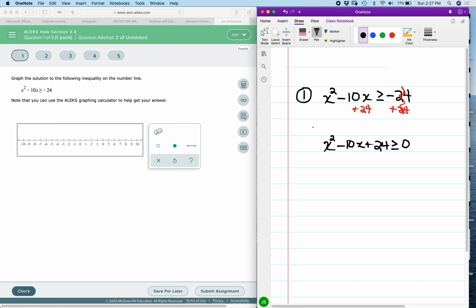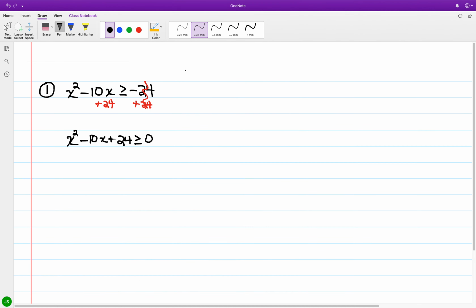Upon factoring, we have the quantity of x minus 6 times x minus 4 is greater than or equal to 0. To determine the zeros, we set the expression equal to 0.